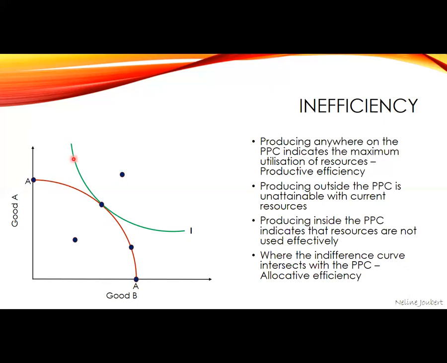They will consume a lot of good A and a little of good B, or give up some of good A in order to get more of good B, or give up more of good A as long as they can have more of good B. So anywhere where your indifference curve intersects with your production possibility curve indicates allocative efficiency. You are using your resources to their best possible capacity, but also satisfying consumer wants and needs.